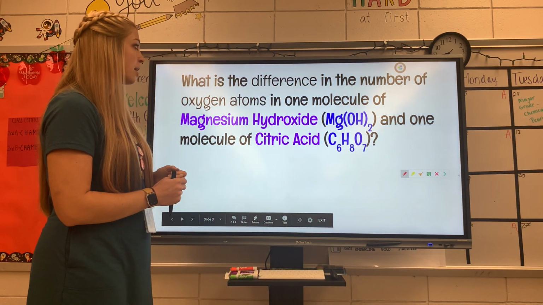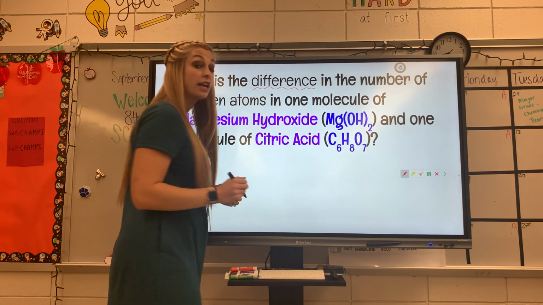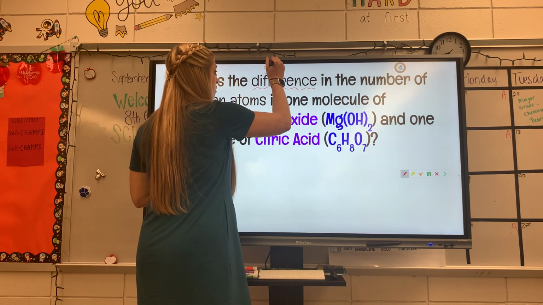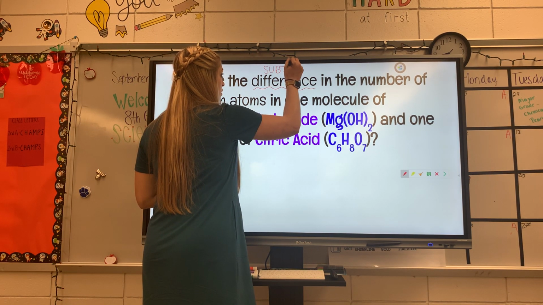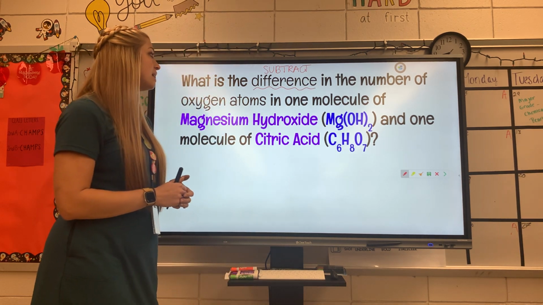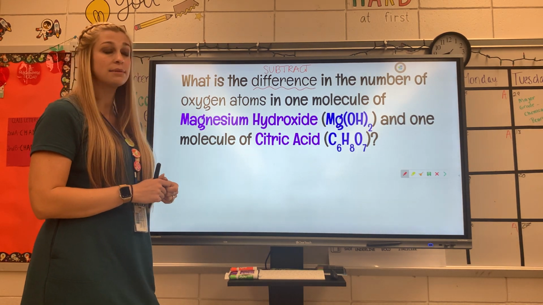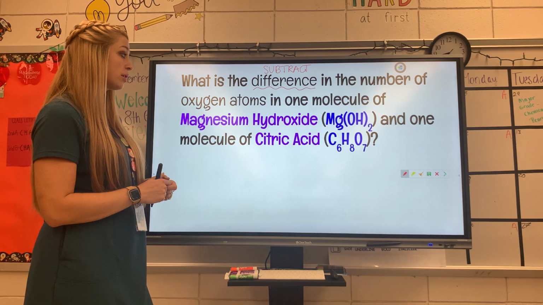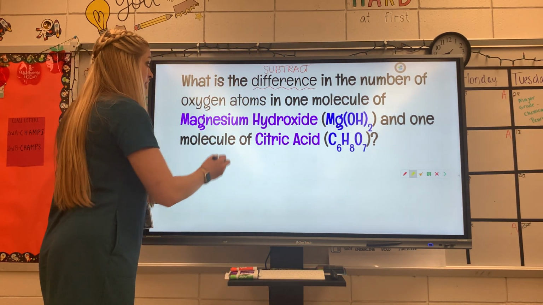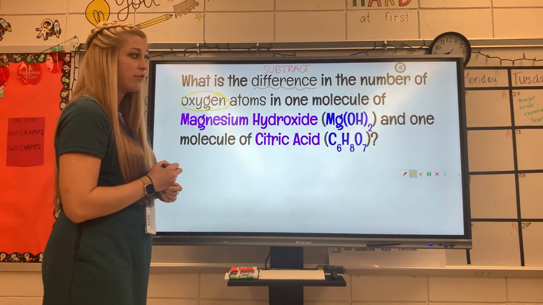All right, this one wants to know the difference. Anytime you see that word, you should know you're subtracting. The difference in the number of oxygen atoms in one molecule of magnesium hydroxide and one molecule of citric acid. So they're trying to trick you because they only want to know oxygen atoms. You got to be careful.